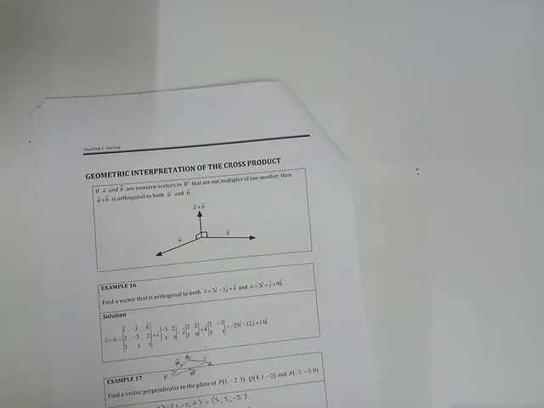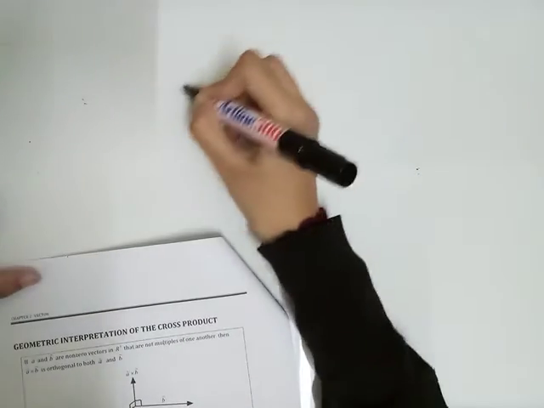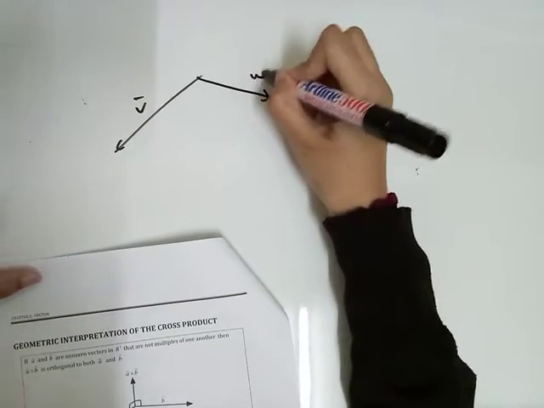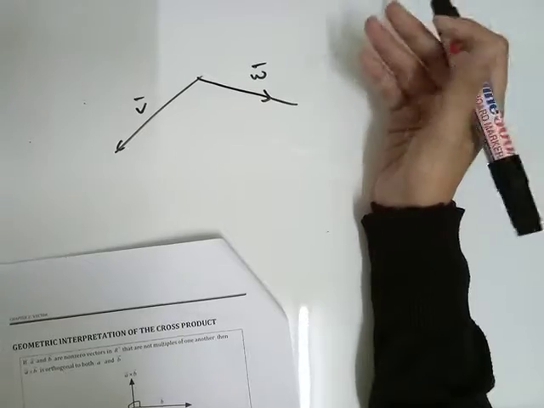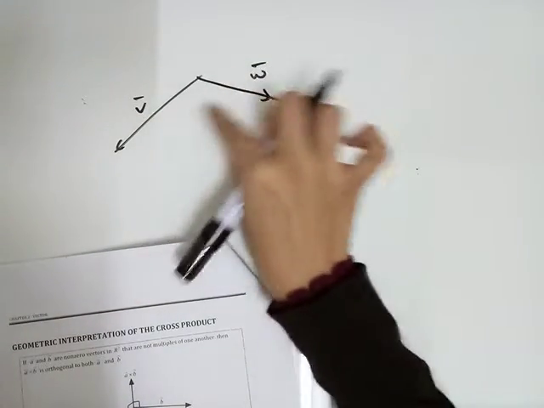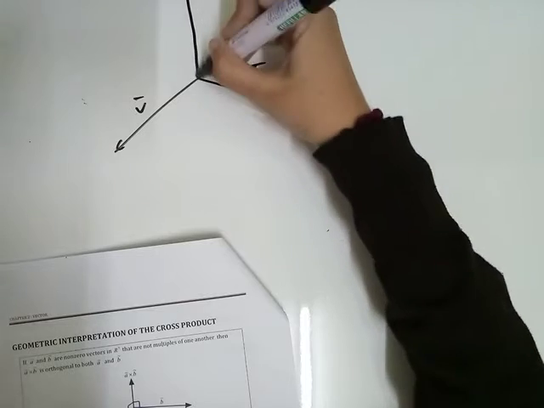So look at example 16: find a vector that is orthogonal to both vector V and W. Let's say this is vector V, and this is vector W. In the question, find a vector that is orthogonal with these two vectors. So the vector is here.